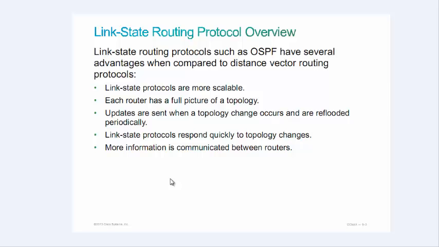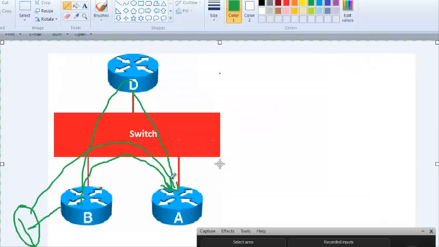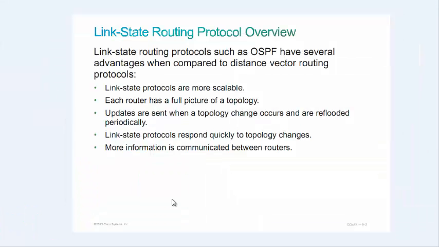Once A receives that LSA, the LSA is collected by router A and router A puts the LSA into a database. That database is called the link state database. Every router which runs link state algorithms will have a database, which is a collection of LSAs.